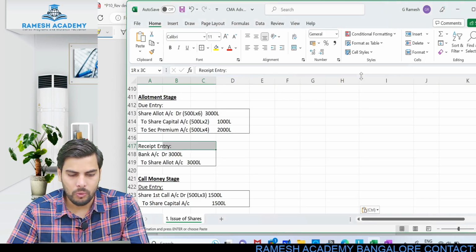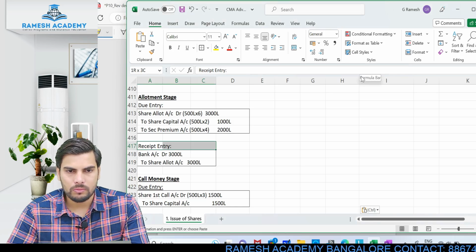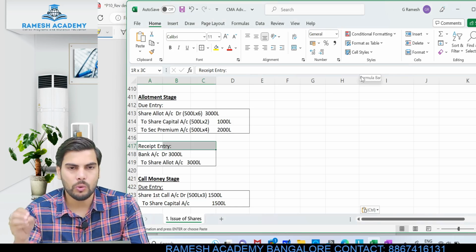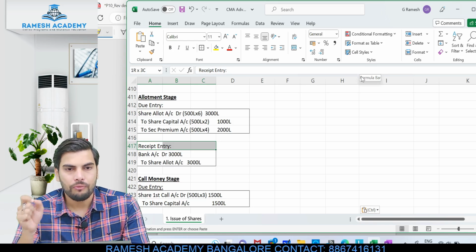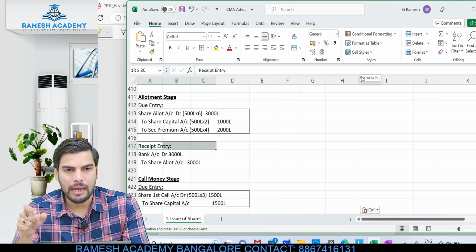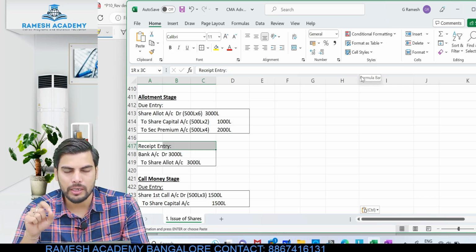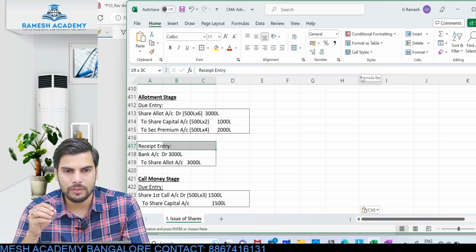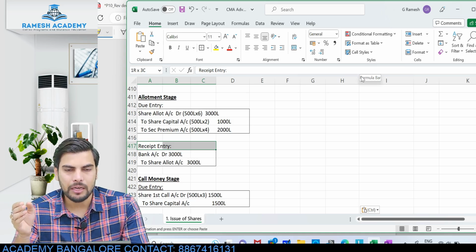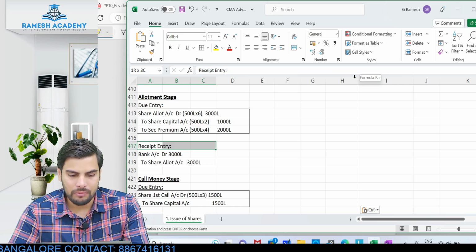So till allotment there is no due, everything is received, so there is no arrears amount. From the first call money and then onwards, there was some amount in arrears. When it comes to first call, 1 lakh shareholders did not pay the first call money. When it comes to second and final call, 1,50,000 shareholders did not pay this second and final call money.